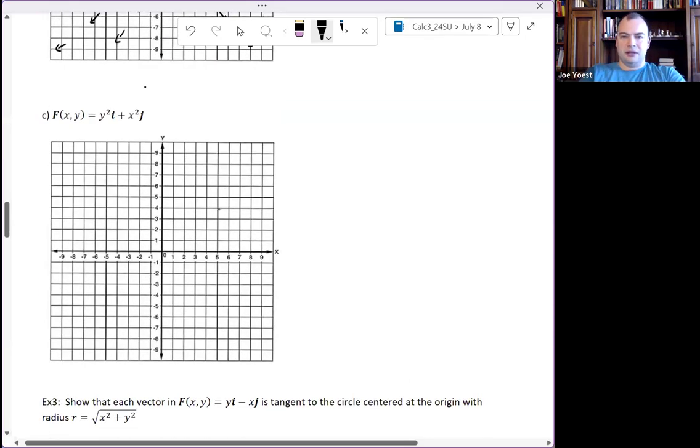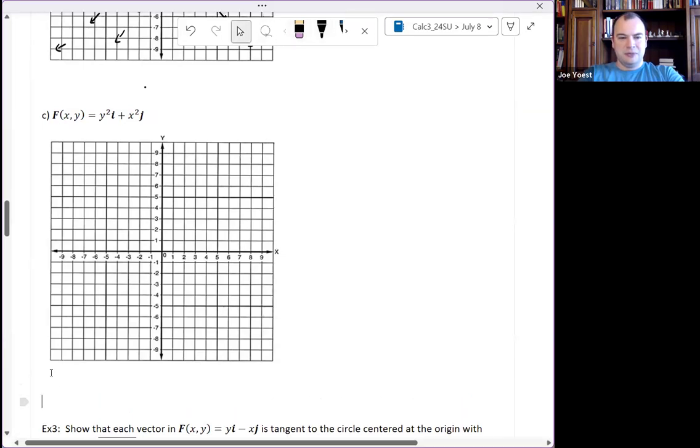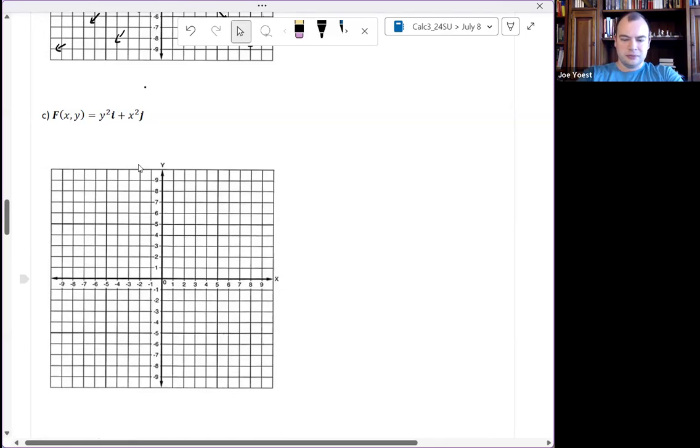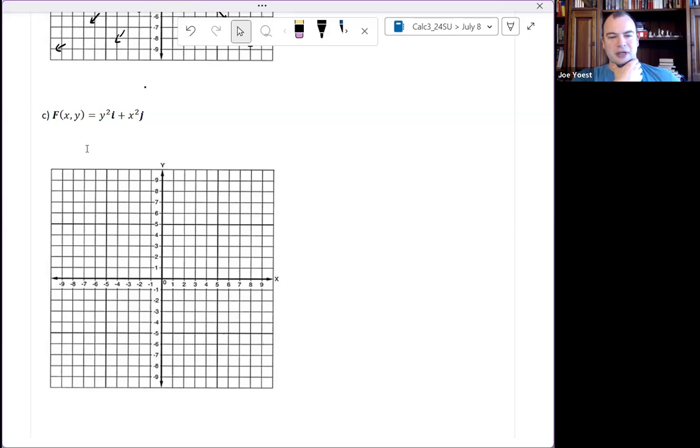Okay, and then our third example down here, example C, here I'm going to do a little bit of work first. So for example C down here, I see that my function f has horizontal component y squared, vertical component x squared.